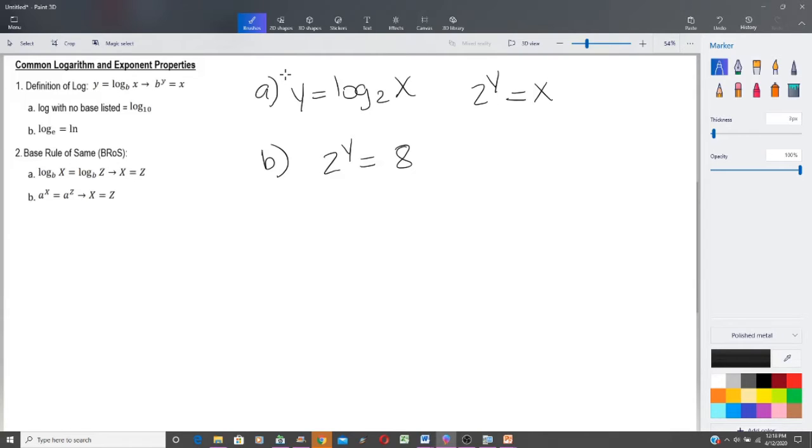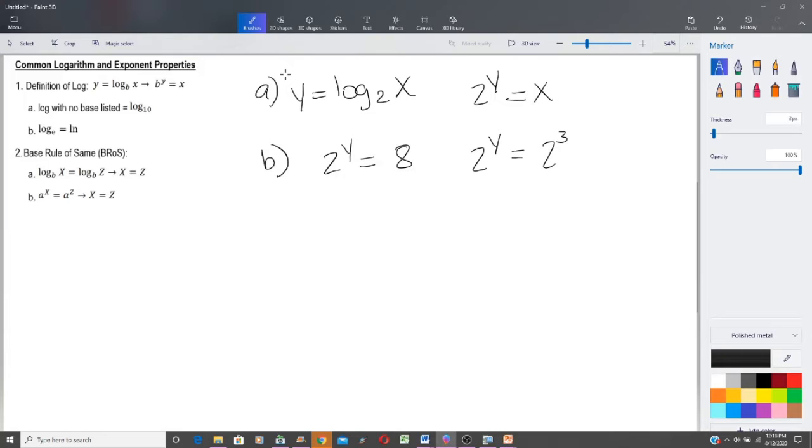All right, so this is a great time to take advantage of the bros rule here, especially for exponents. So what we want to try to do is, can we think of a way to turn 8 into a power of 2? And what I can think of is that 2 to the third power is the same as 8. And so I'm going to rewrite 8 as 2 to the third power.